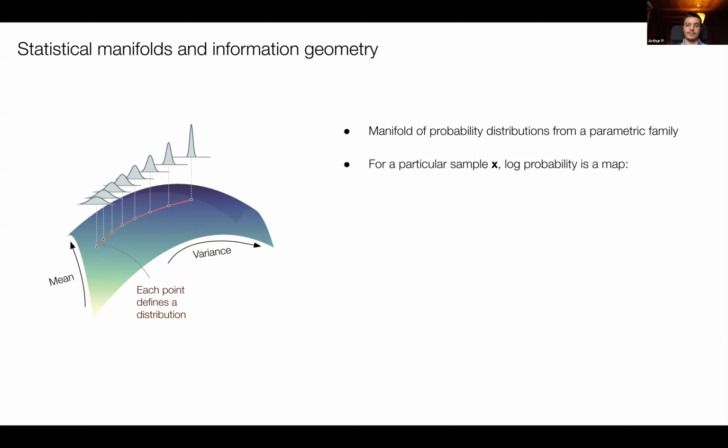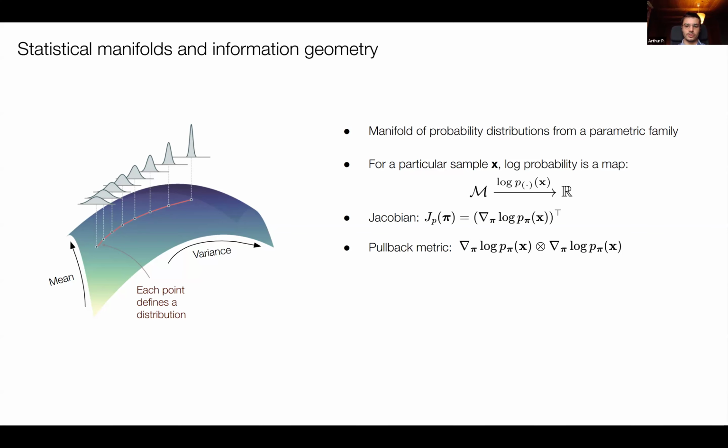So for a particular sample X, we can consider the log probability map, which is a map from this manifold M to the real numbers. And then we can ask what the pullback metric of this log probability map is. I can compute the Jacobian of this log probability map, which is just going to be a row vector. And then I can compute the pullback metric, which is just going to be the Jacobian transpose times the Jacobian.